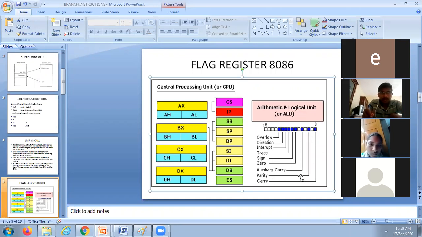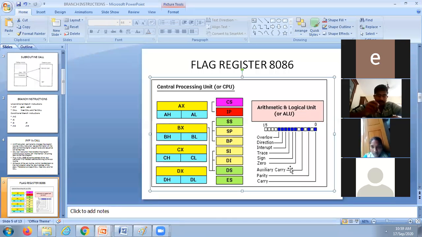You note down. It is a 16-bit register. 0th bit is carry bit. First bit is empty. Second bit is parity bit.